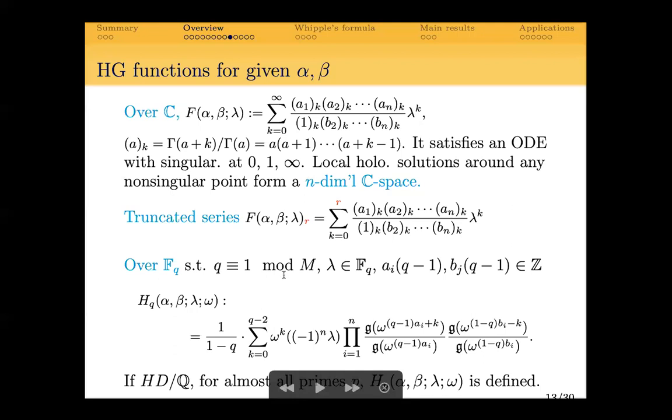And of course, in this definition there is a condition that q is 1 modulo the least common denominator. However, when we look at the case where alpha, beta are both defined over Q, say if lambda comes from a global rational number or integer, then we can lift the whole definition, using the multiplication formula of Gauss sums, to be independent of this condition.